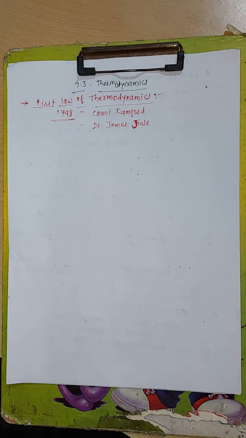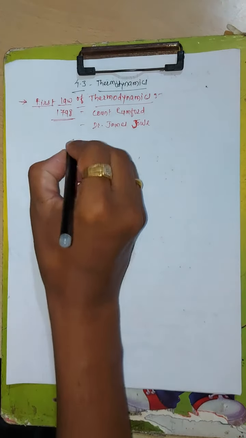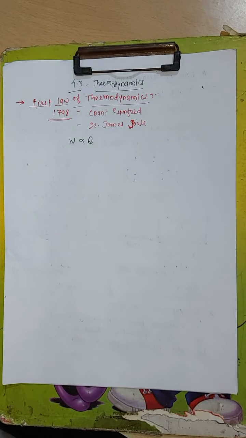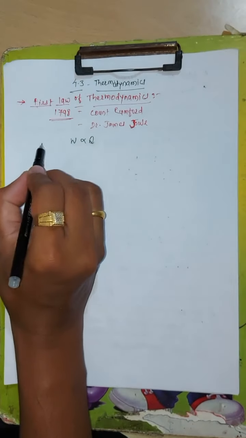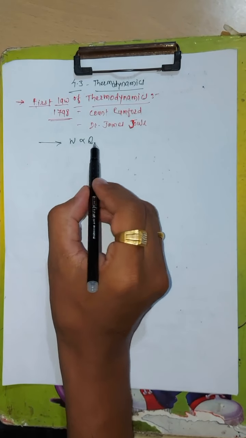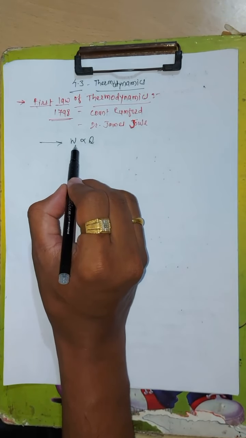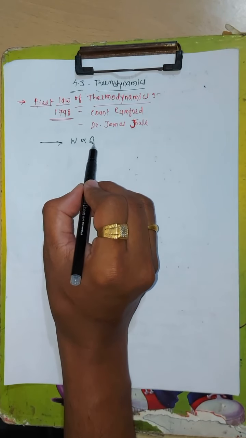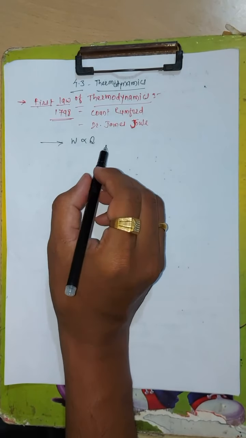That means if we say that W is the amount of work done and Q is the quantity of heat produced by that system, then we can show the relation as W is directly proportional to Q. So this mathematical relation gives us that the amount of work done should be directly proportional to the amount of heat produced.